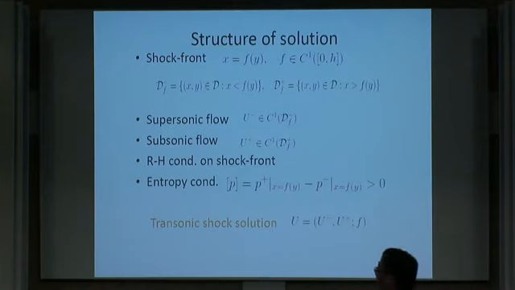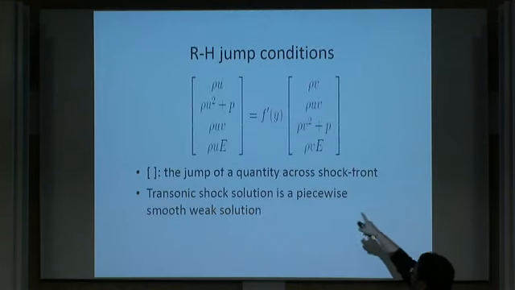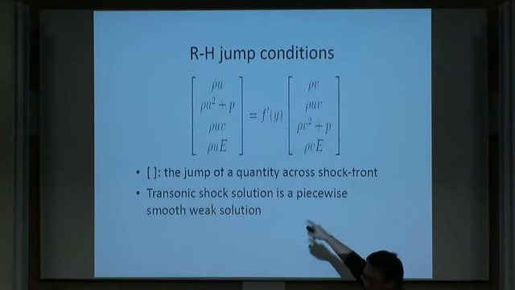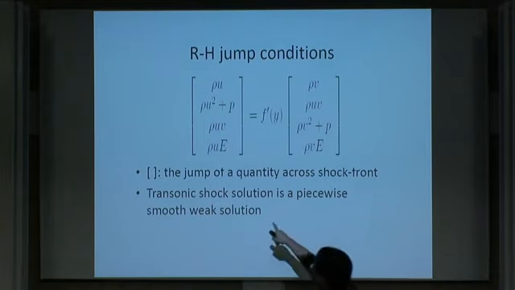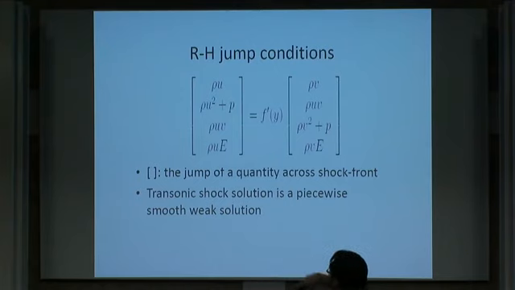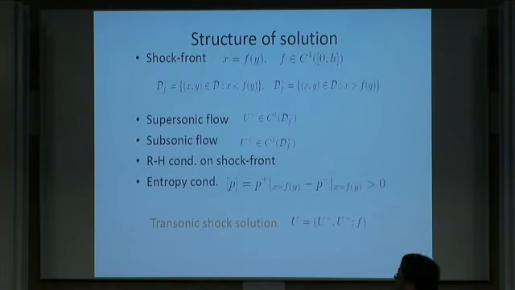And on the shock front, the Rankine-Hugoniot conditions should hold. These are the Rankine-Hugoniot conditions for the Euler system. Minjin has introduced how to derive them. Here the bracket means the jump of a quantity across the shock front. The other condition is the entropy condition, which means that the pressure should increase by crossing the shock front.